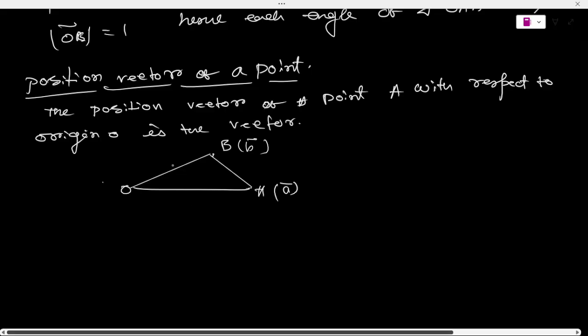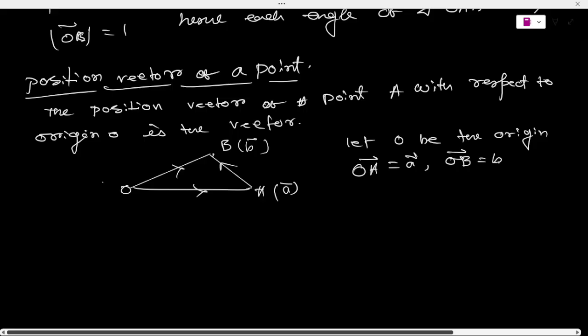So let O be the origin. OA is basically A vector, and OB is basically B vector.